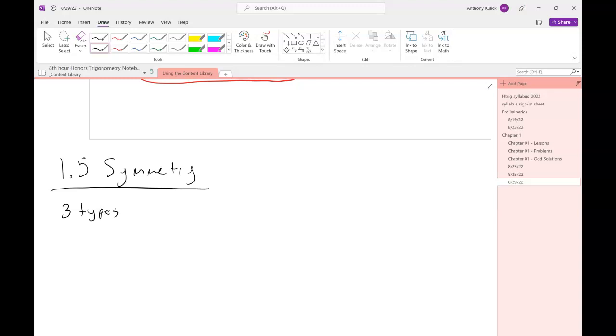We're going to talk about 3 types of symmetries. The first is symmetric with respect to, so I'm going to abbreviate that phrase as WRT. It's a common math phrase and it comes up several times in this section, so I'm saving myself some letters. I'm not being lazy, I'm being efficient.